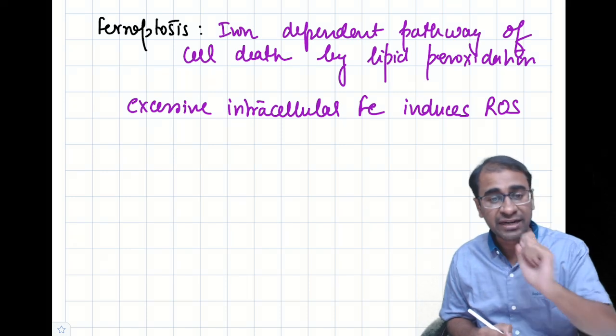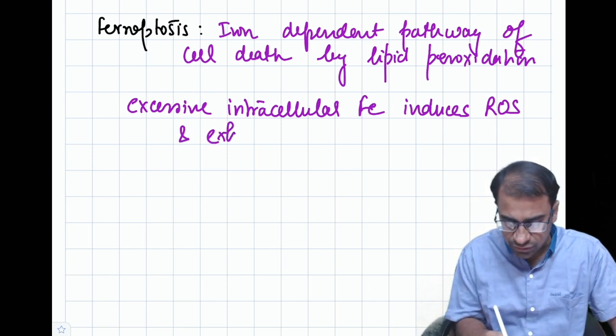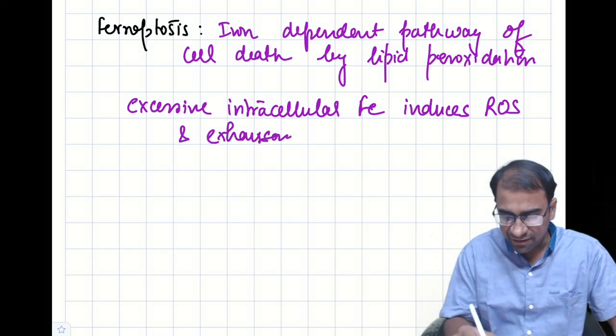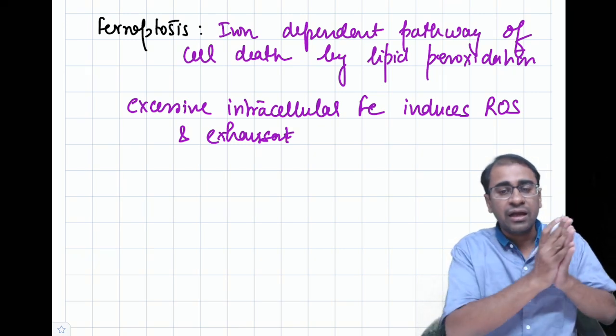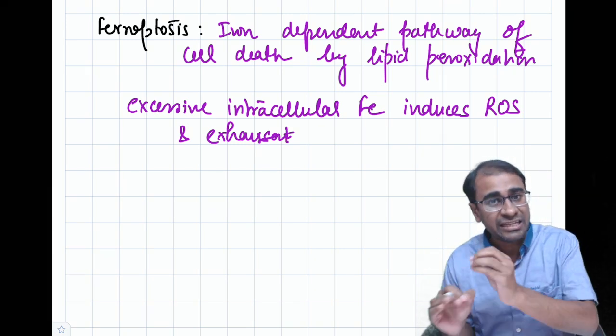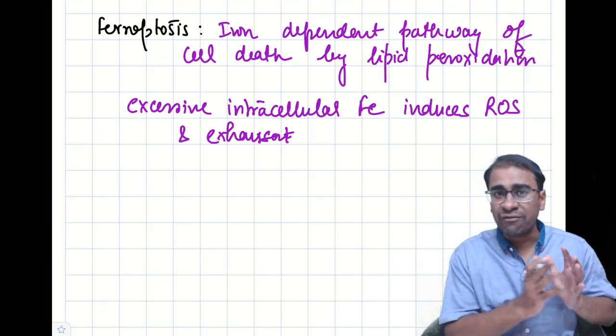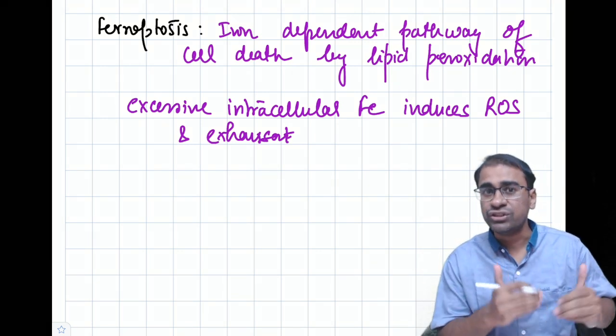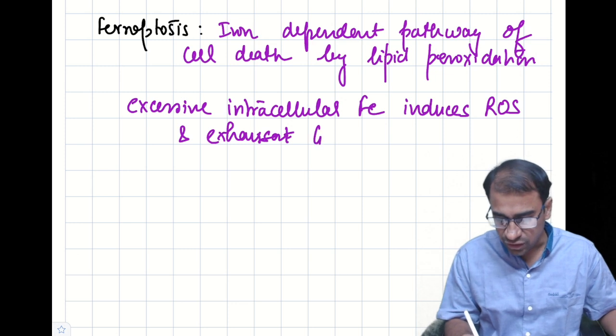Iron will induce the reactive oxygen species and will exhaust all the glutathione induced antioxidant mechanism, which you remember we have read as GSSG or GSH. So this will exhaust the glutathione.